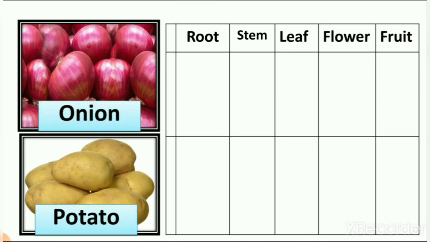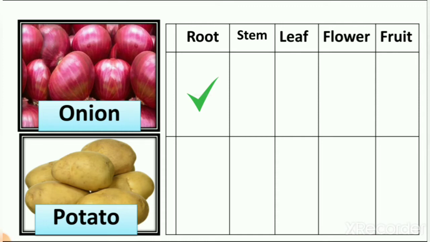So let's write about onion. When we see onion, it is a root vegetable, right? Why? Because onion grows underground. So we tick mark in root. Why? Because onion is a root of the plant.